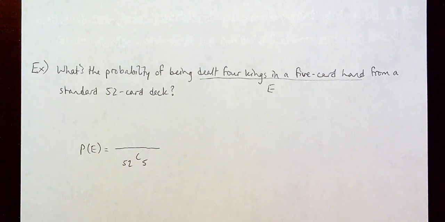That was the easier part of this. What's less easy, perhaps, to figure out is how many outcomes there are in the event E that we want. So, how many different ways can we be dealt 4 kings in a 5-card hand?